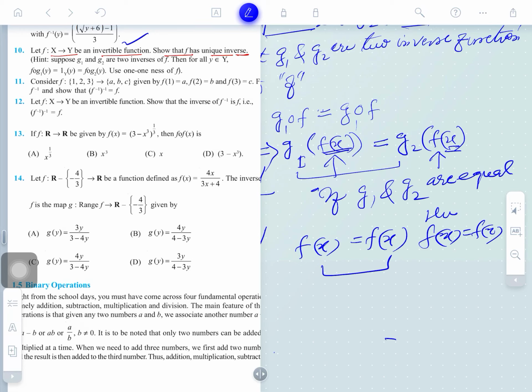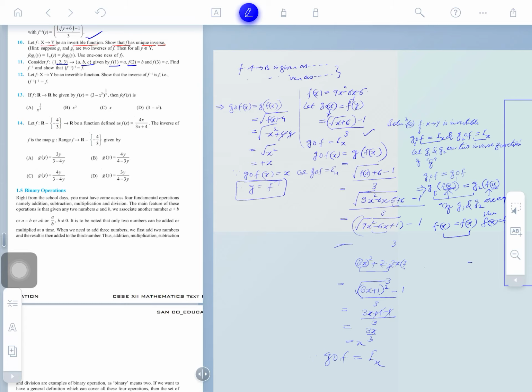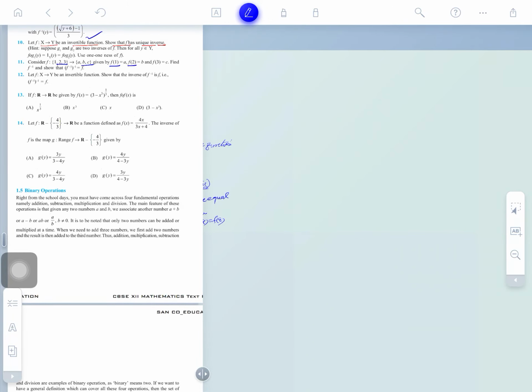Now see question number 11 also. What is it saying? A function from {1, 2, 3} to {a, b, c} is given by this. It's very simple. I am solving here question number 11, okay guys.